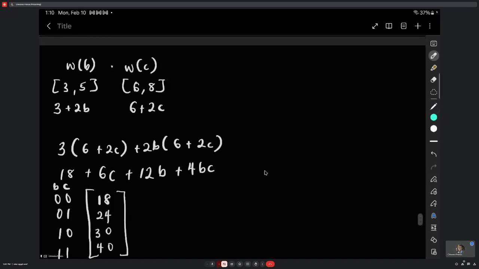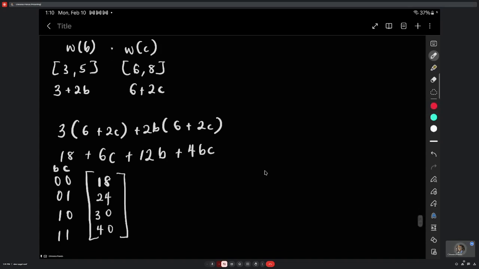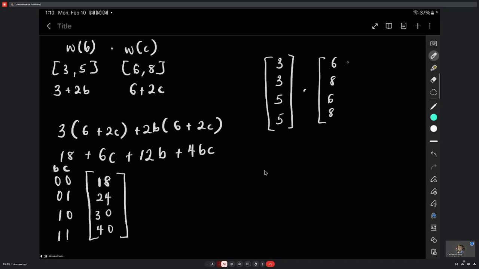And then this other guy, if we expand it, that would be 3, 3, 5, 5, and 6, 8, 6, 8. So that will be 18, 24, 30 and so on.